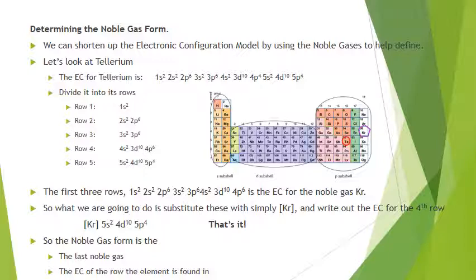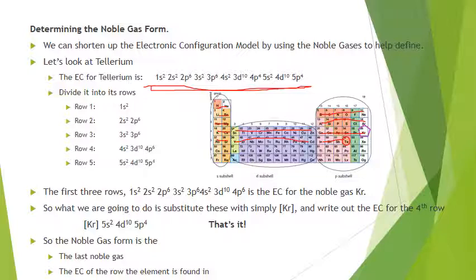Here's an example, tellurium. It is 1s2, 2s2, 2p6, 3s2, 3p6, 4s2, 3d10, 4p6, 5s2, 4d10, and then 5p4. And we went over that in the PowerPoint.